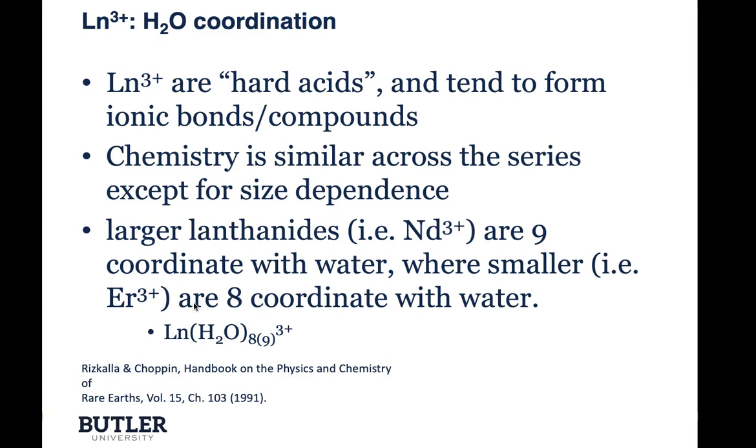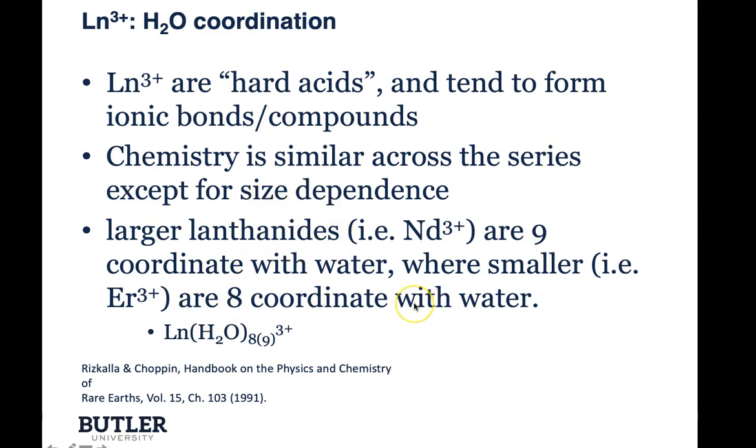The chemistry tends to be very similar for the lanthanides. So neodymium chemistry and terbium chemistry is all very similar because they're the +3 ions. Just the fact that you've changed the number of 4f electrons doesn't really change the chemistry very much because the 4f electrons aren't participating in bonding. And so what you'll get is a size dependence.